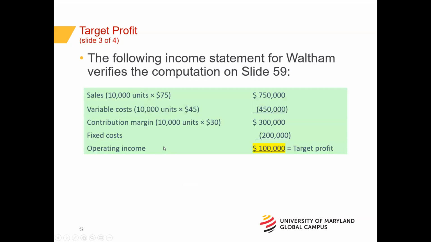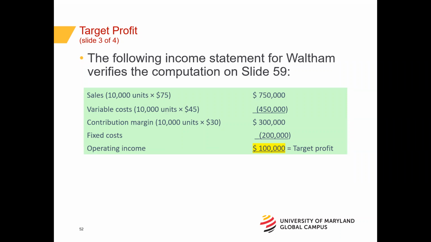Appreciate it. Here's how it looks on the income statement. Sales, 750,000. $75 per unit, 10,000 units. That's how many I need to sell to make $100,000. Minus variable cost, 450,000. Variable cost, $45 per unit, 10,000 units. Contribution margin, 300,000. Sales minus variable cost equals contribution margin. $30 per unit is my contribution margin, 10,000 units.